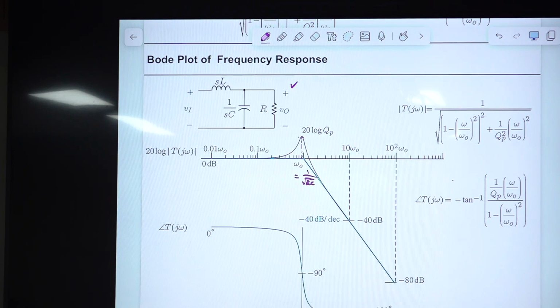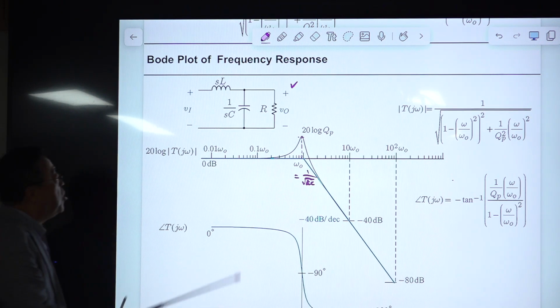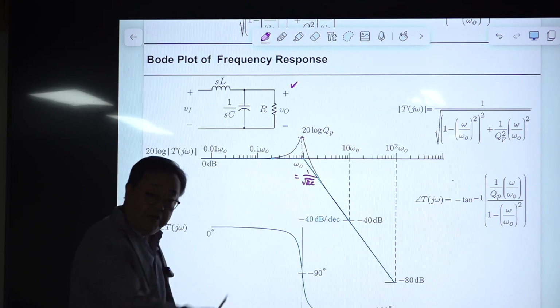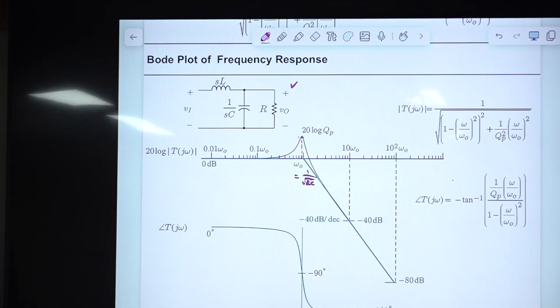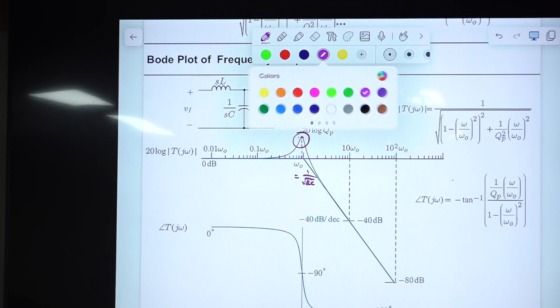This is the exact value at this exact frequency, but actually this is not the peak value. The peak value really occurs in this manner. So let me draw that here. I magnify this part here, and it looks like this actually.